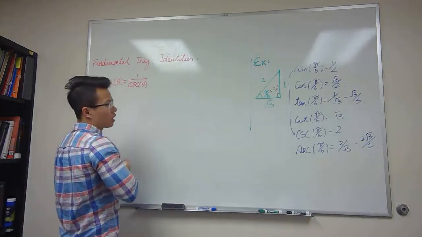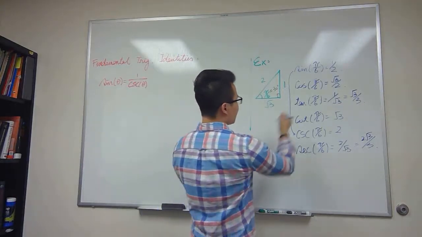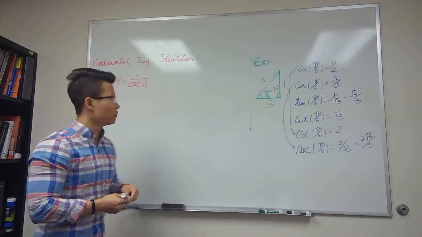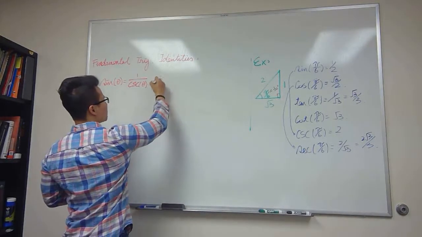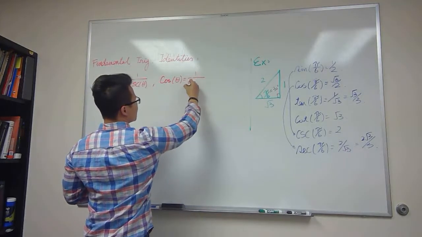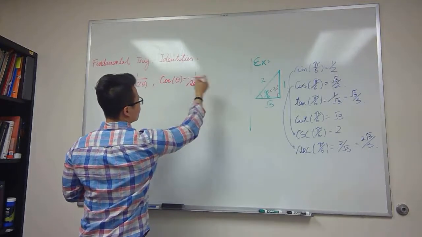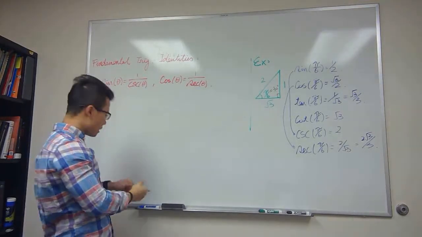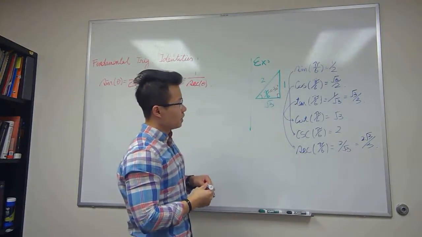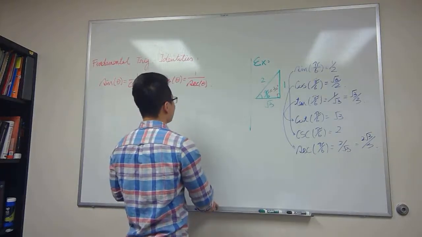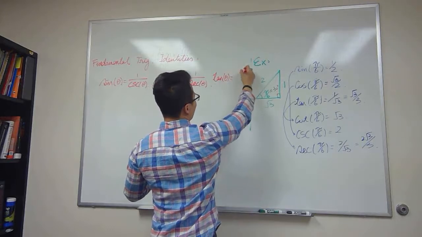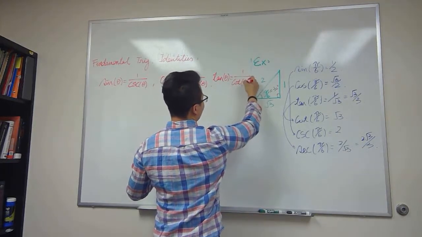At the same time, cosine and secant are also reciprocals of each other, and that gives us the second one: cosine of theta equals 1 over secant of theta. And the last one, obviously, is tangent and cotangent, which are also reciprocals. That gives us the third one: tangent theta equals 1 over cotangent of theta.